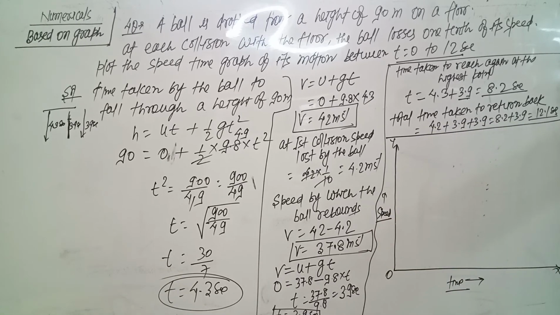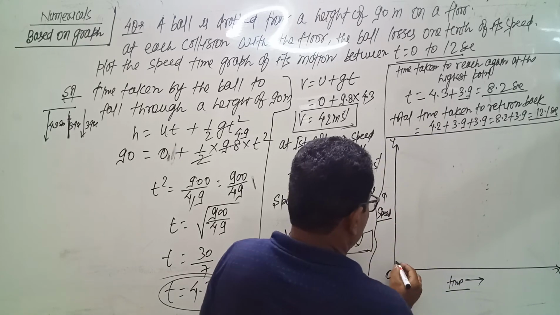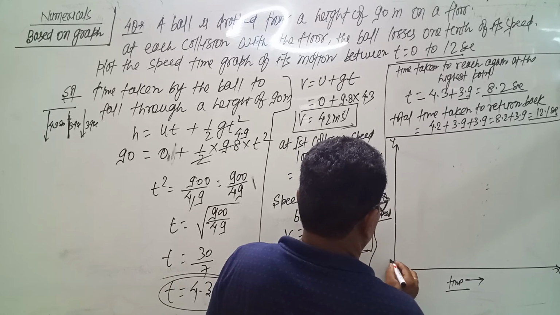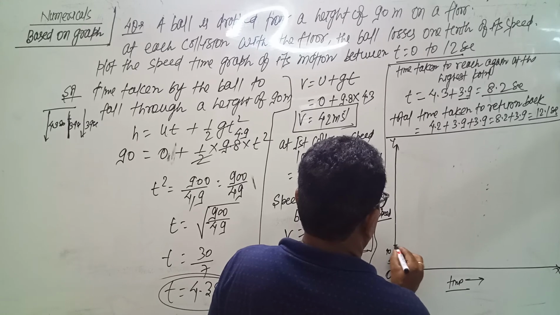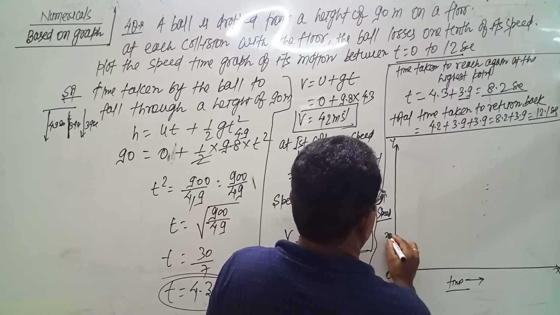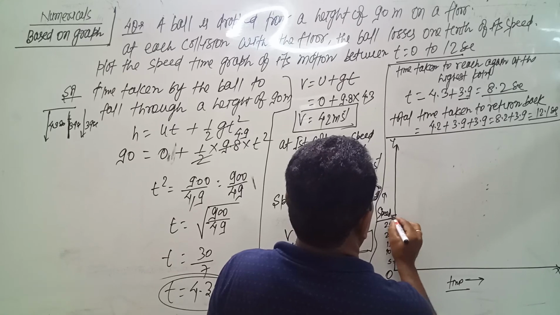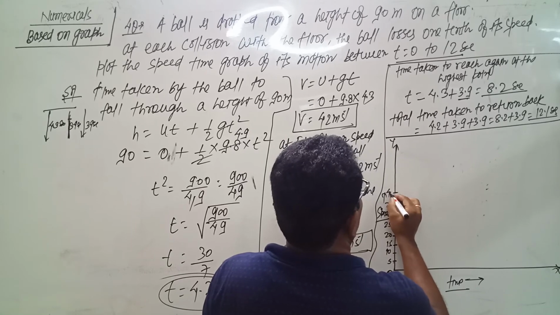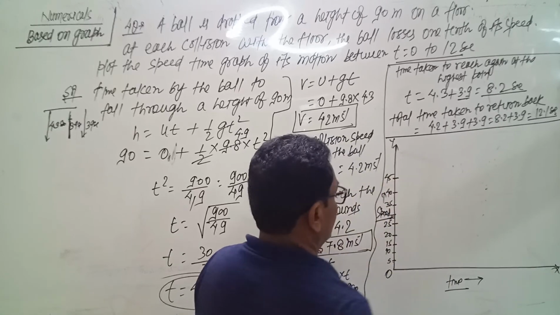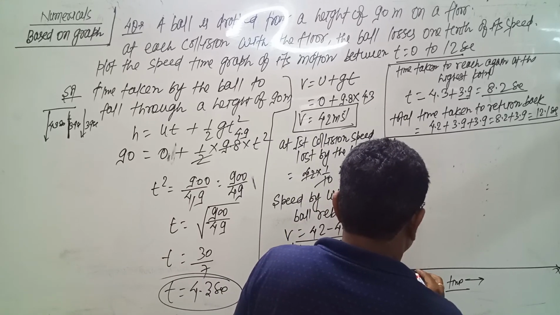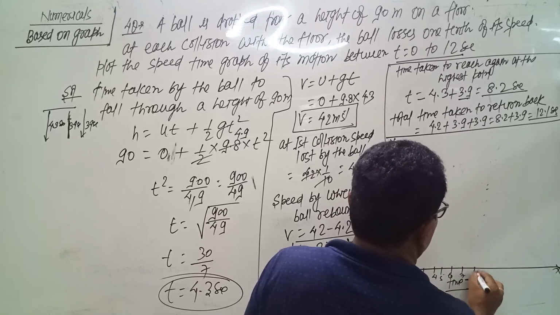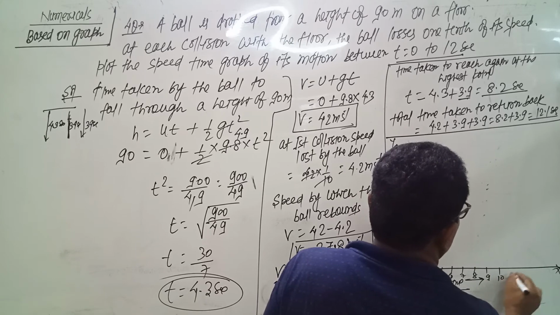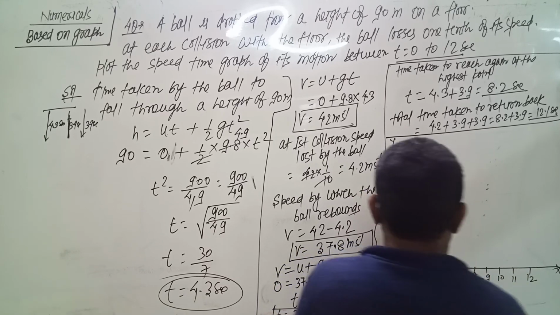For speed, we take 0 meters per second, 5, 10, 15, 20, 25, 30, 35, 40 and 45 meters per second. And for time, we take 1 second, 2, 3, 4, 5, 6, 7, 8, 9, 10, 11 and 12 seconds.